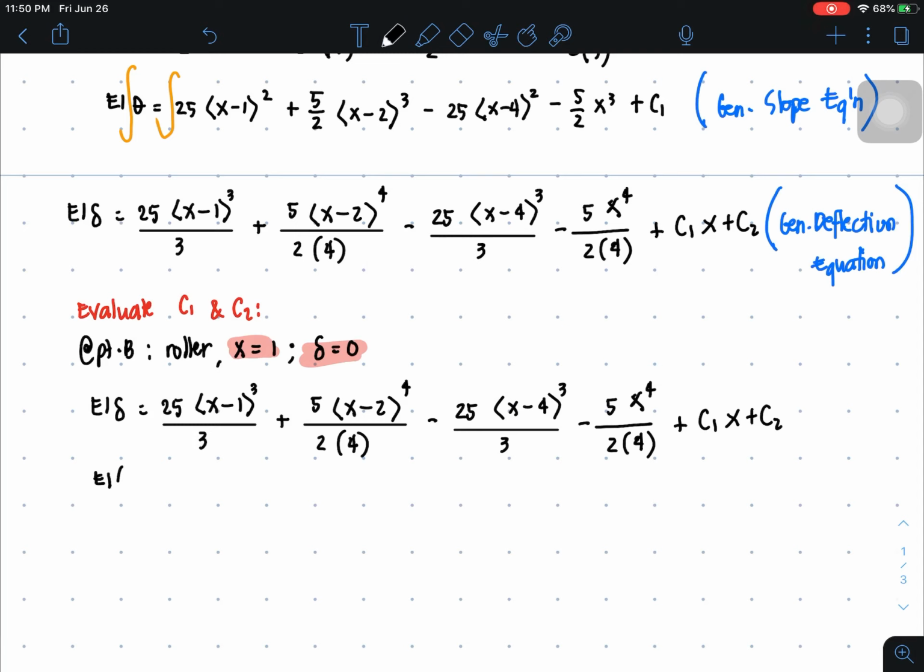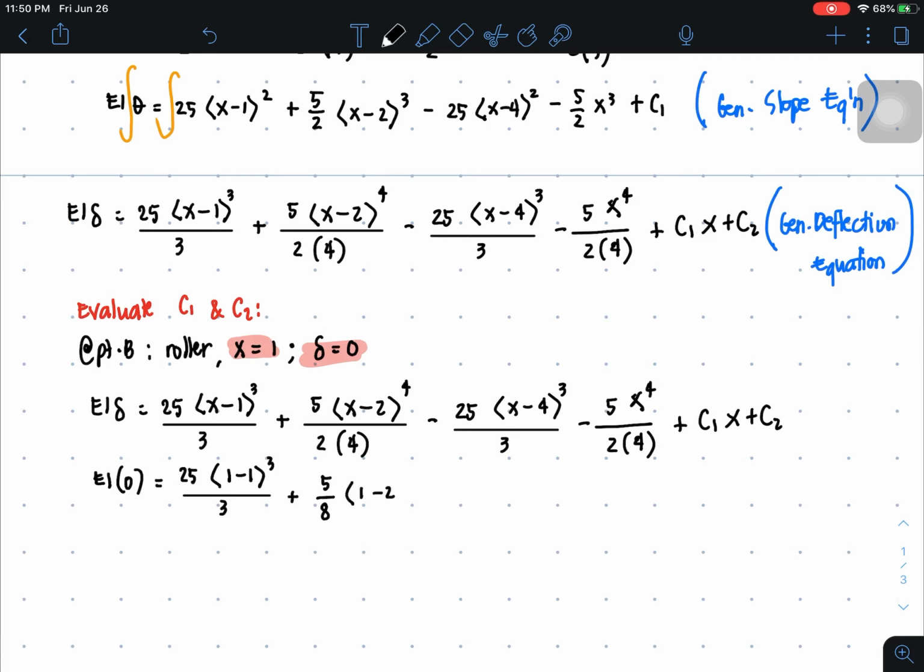So starting with EI, deflection is 0, equal to 25 times the quantity x minus 1, so x here is 1 minus 1 cubed over 30. Then plus 5 over, by the way, 5 over 2 times 4 is 8 naman sa, diba?